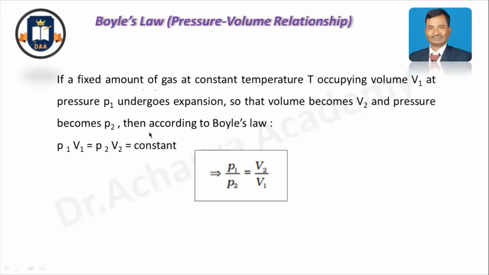Then according to Boyle's law, P1 V1 is equal to P2 V2, because from the discussion we understood that PV is constant. So we can write P1 V1 is equal to P2 V2. We can rearrange this equation as P1 by P2 is equal to V2 by V1.